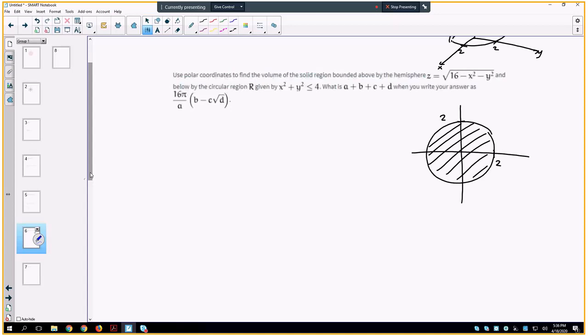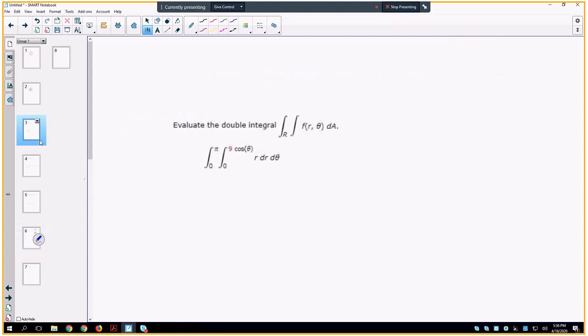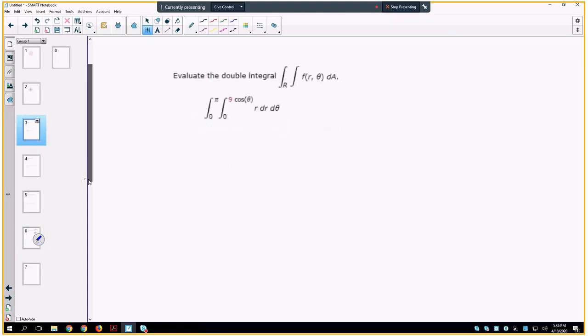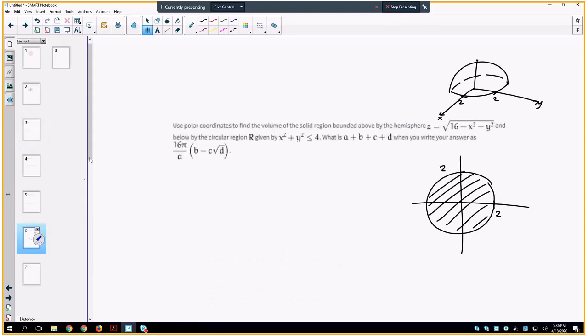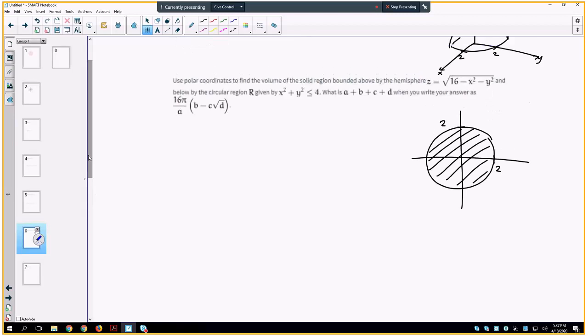So we'll have square root of 16 minus x, which is r cosine theta, so that's r, and minus r squared sine squared theta.